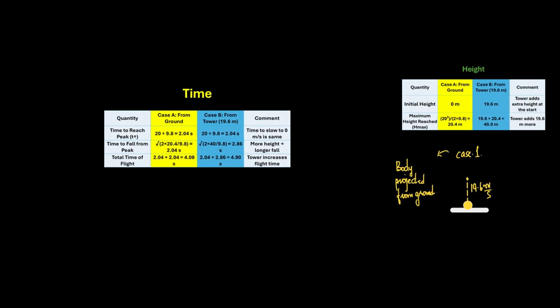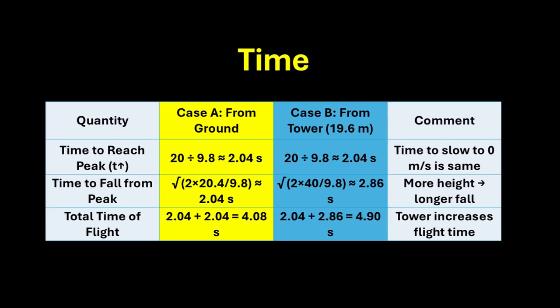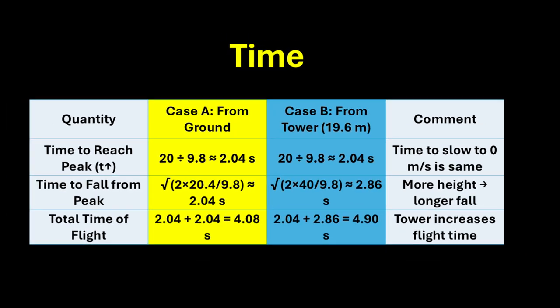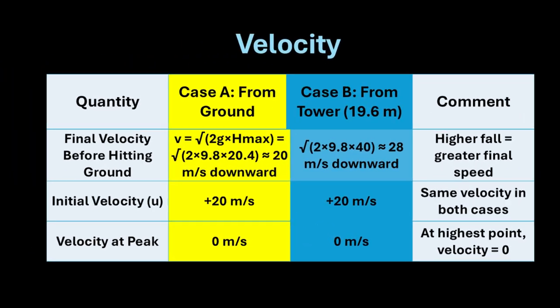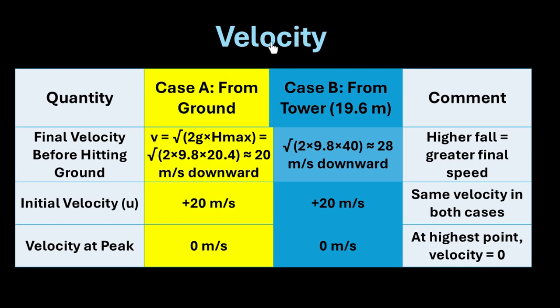Now, if you've done the exercise well, you should be getting something like this. A comparison of the motion between case A and case B: time to reach the peak height, time to fall from the peak, and the total time of flight. Similarly, velocity for case A and case B: velocity before hitting the ground, initial velocity, velocity at peak. Both of them will have zero velocity at peak.